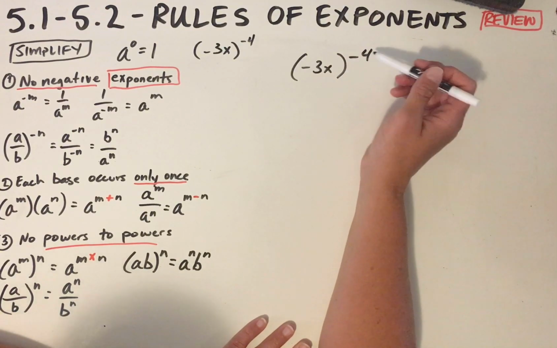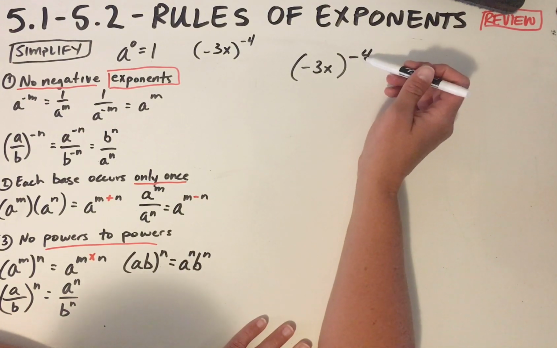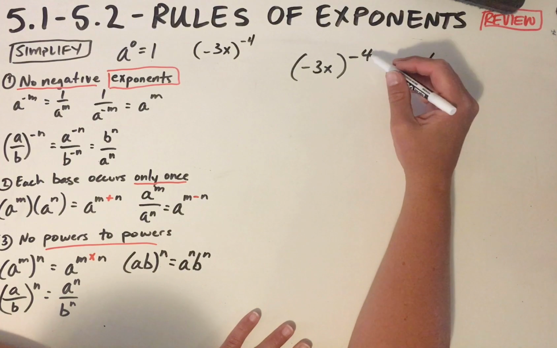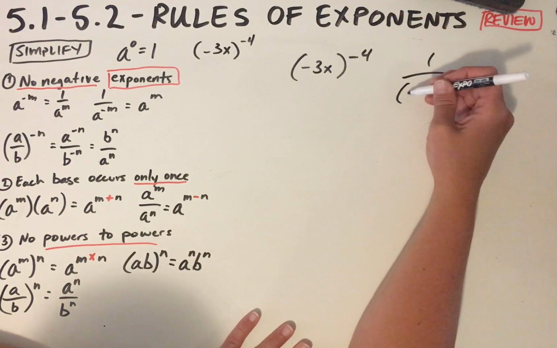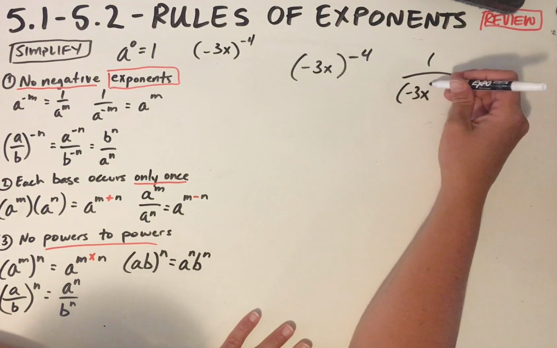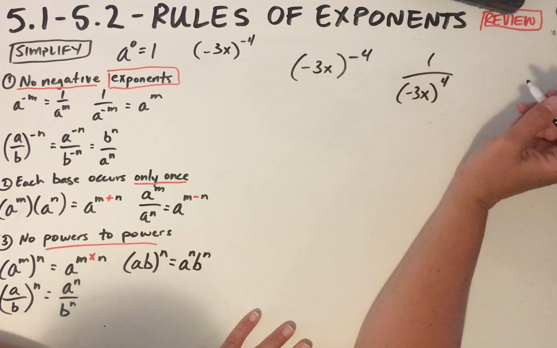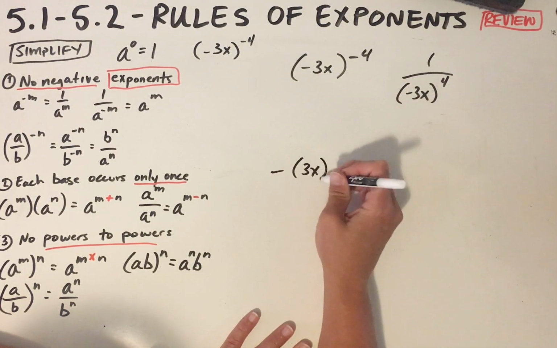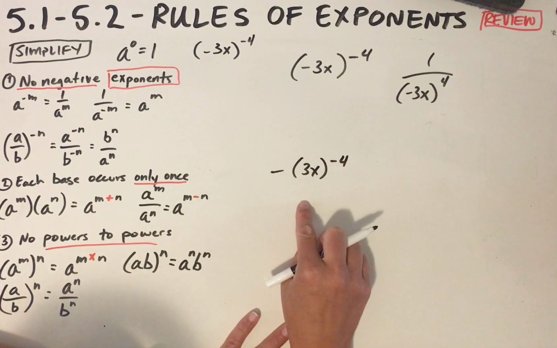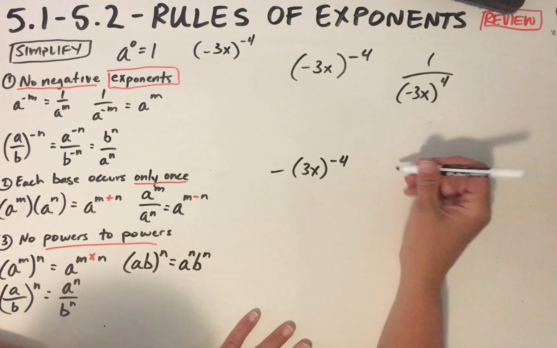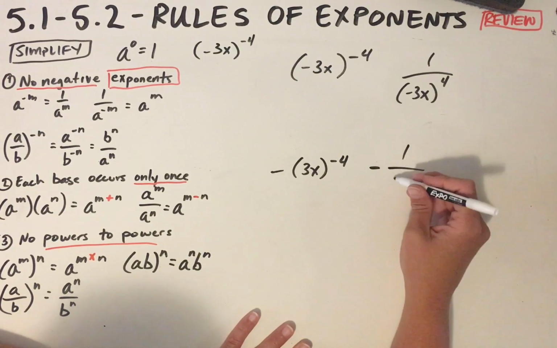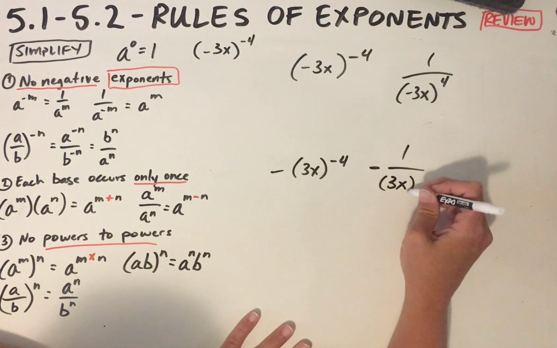Again, we could do this multiple different ways, but to make this exponent positive, I'm going to put it and its entire base, which happens to be the negative 3x, downstairs. Now I want to point out that if I had negative 3x to the negative 4, this would be different, because now this says 1 over, there's a negative here, 3x to the 4th.